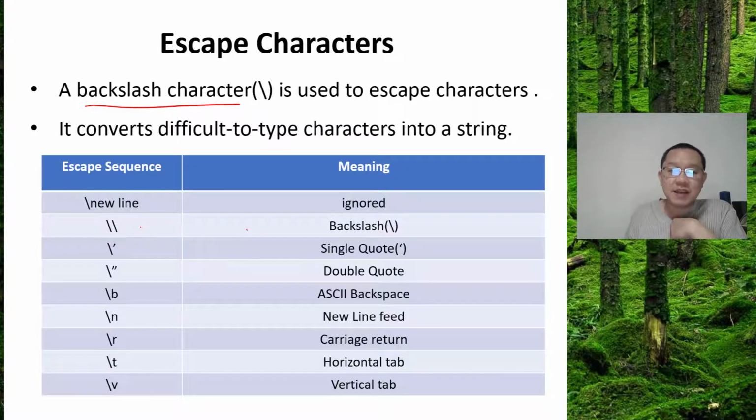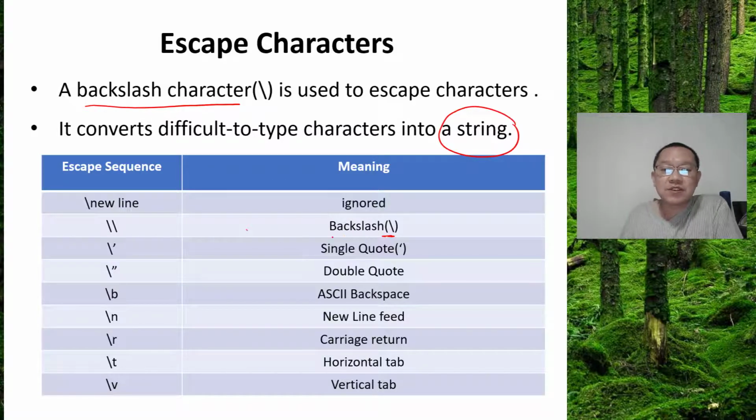For example of the escape character, like this, one backslash means ignore. Double backslash is when you want to use the backslash sign in a string or in the code. You put another backslash in front, so it can be used as part of a string.